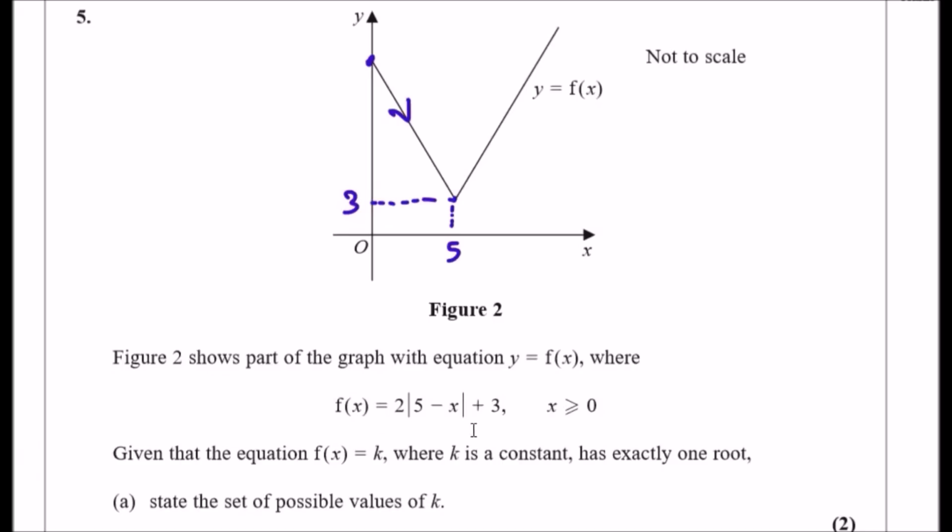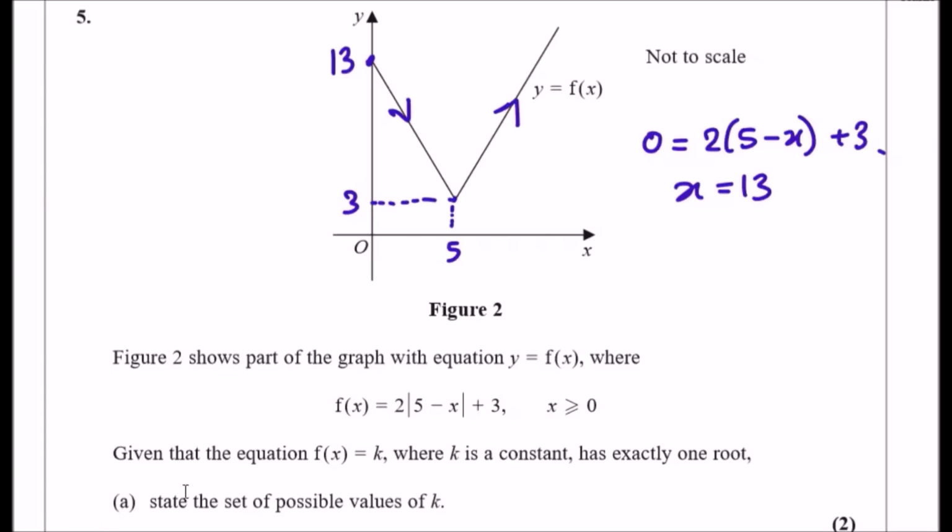So we can say, when y equals 0, we have 0 equals 2 times (5 minus x) plus 3. Expanding this and solving it carefully, you'll get x equals 13, and that's exactly where it hits. And by the way, this side is obviously an upward slope. So since that's done, let's go ahead and look at part A.